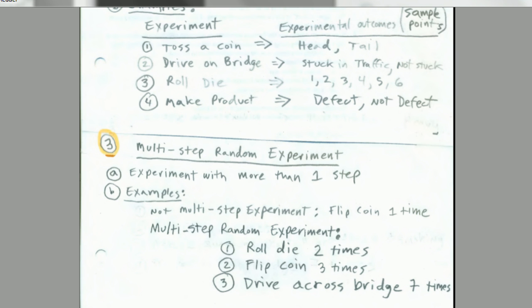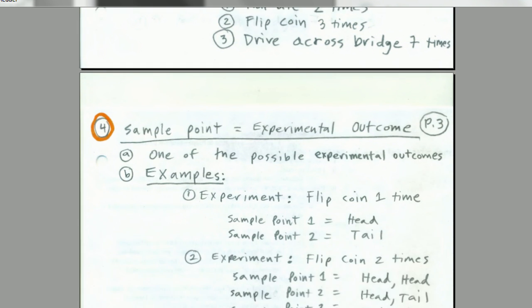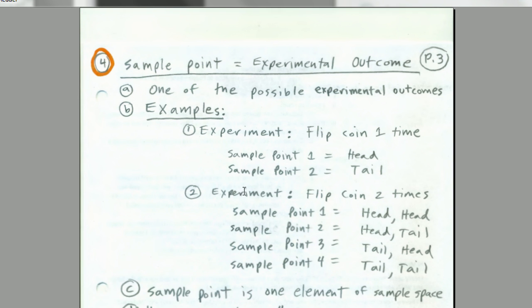So multi-step experiments. Now, when we do experiments, one of the basic building blocks of learning probability is the sample point. And we're going to do a lot of trying to figure out what all the sample points are when we run experiments. Sample point is simply one of the possible experimental outcomes.